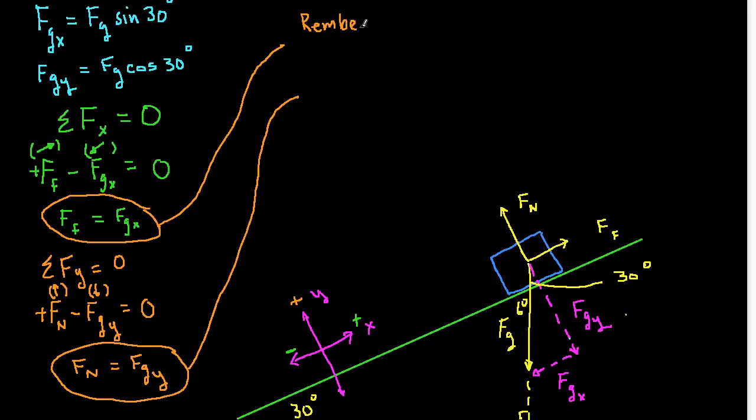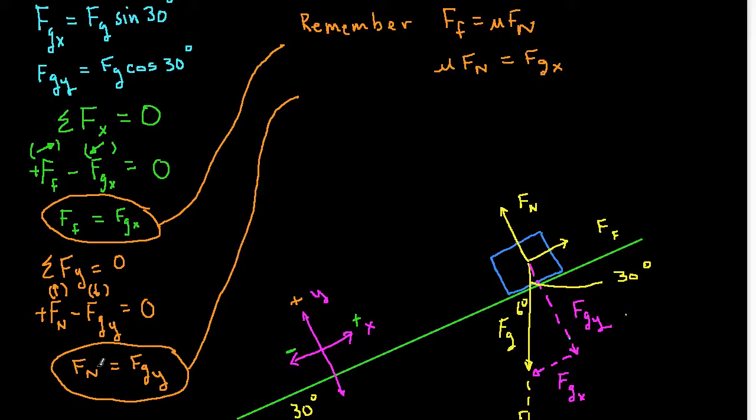Let's remember that FF is equal to mu Fn. So instead of writing FF in this equation, I'm going to put mu Fn equals FGX.